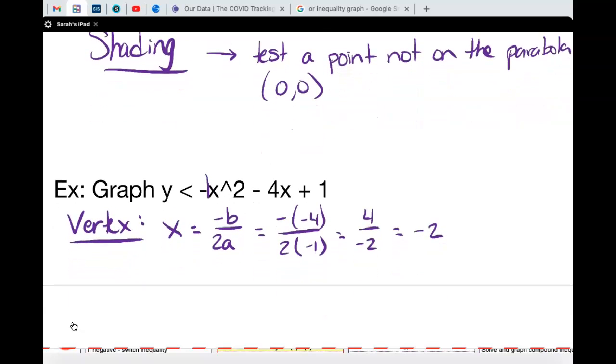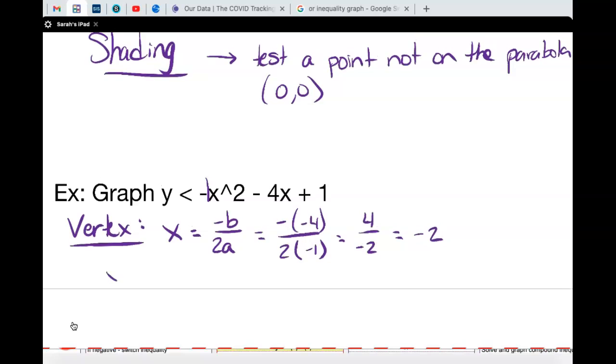We're going to use this to find the y value. So plugging it in, I have negative 2 squared minus 4 times negative 2 plus 1. So replace the x's with negative 2, which is what I found. Following the order of operations, what should we do first?